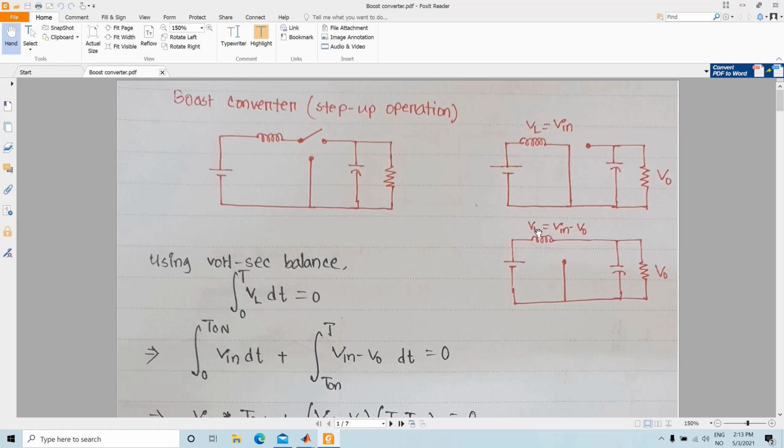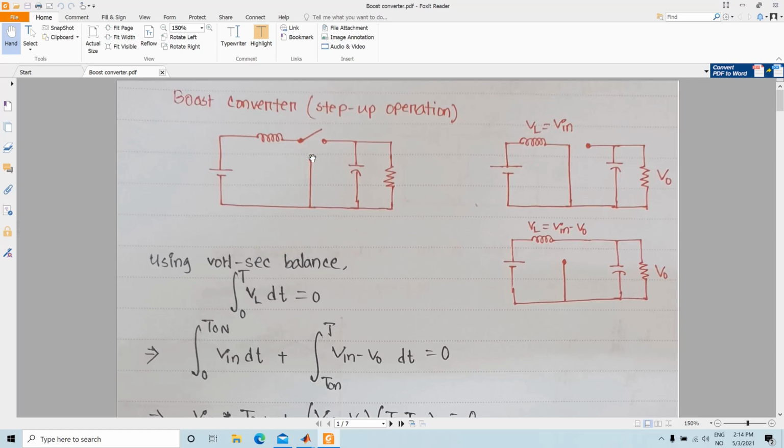So our VL, or the inductor voltage, is basically V in minus V out, and at that time our inductor voltage plus the input voltage, so the voltage across the capacitor or the load is actually the input voltage plus the voltage across the inductor. That means at that particular time your V output will be higher than your V input.